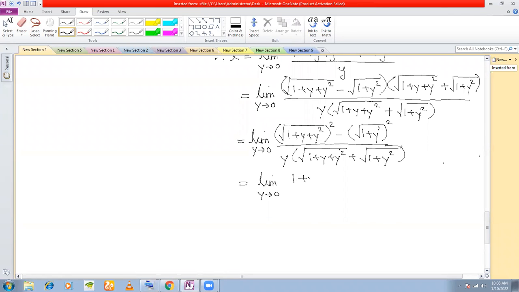We have 1 plus y plus y square in the numerator minus 1 plus y square.